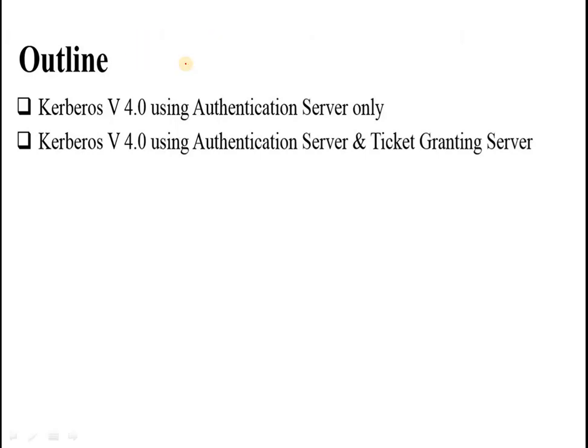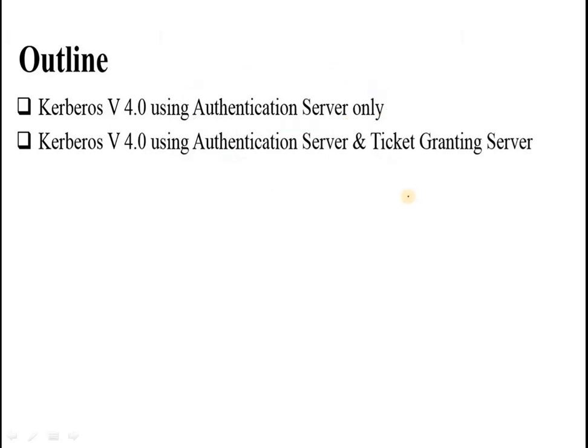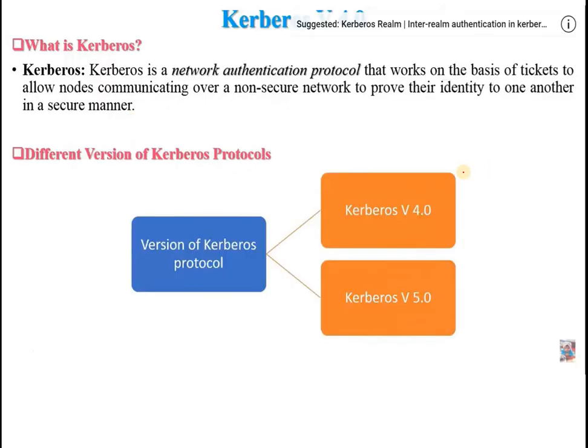We use version 4 for the authentication server only, and for both the authentication server, AS, and the ticket granting server, TGS. We are going to discuss both in these slides.